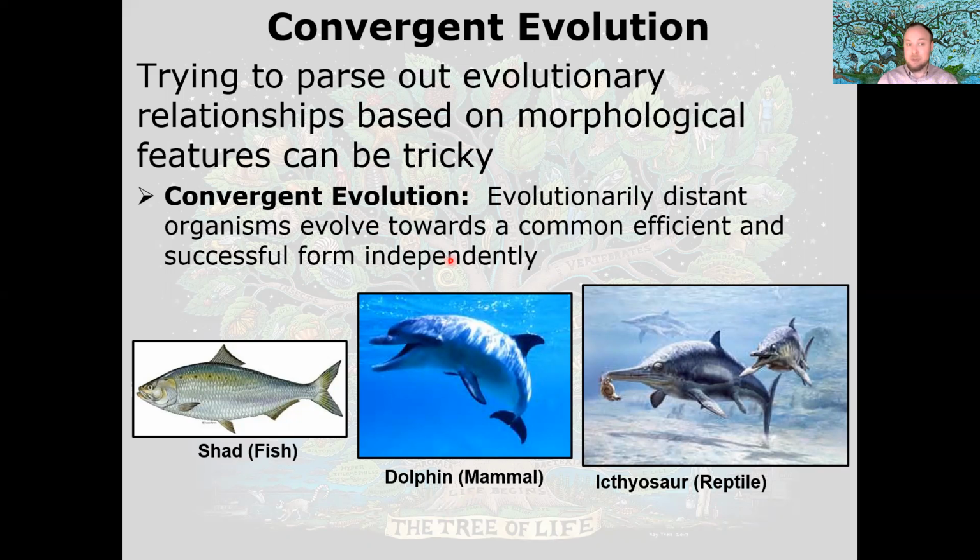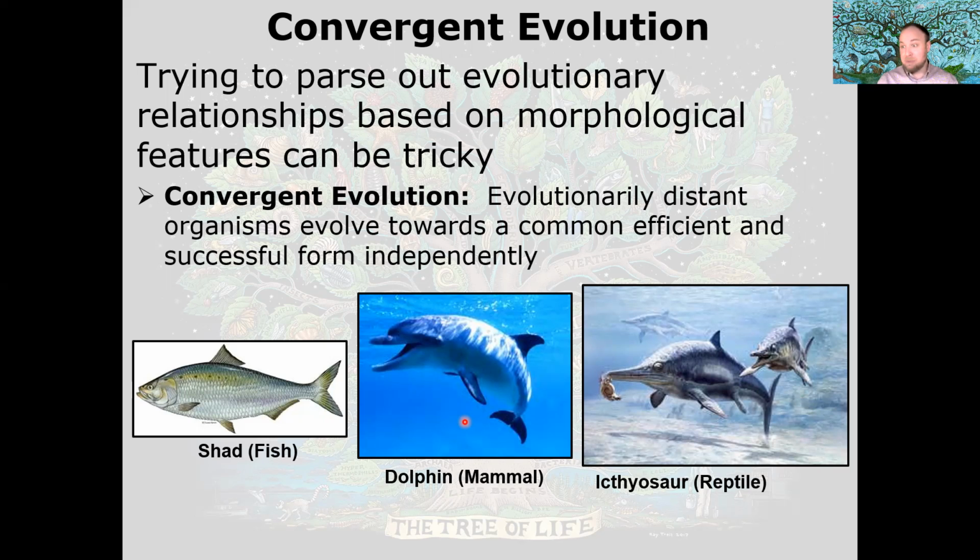If I want to swim through the water, this streamlined bullet shape is highly efficient. If I want to swim through the water, fins are a good way to do it. One thing you'll notice is that fish fins are upright. Ichthyosaur fins, the tail fin happens to be upright as well. Dolphins' is off to the side.